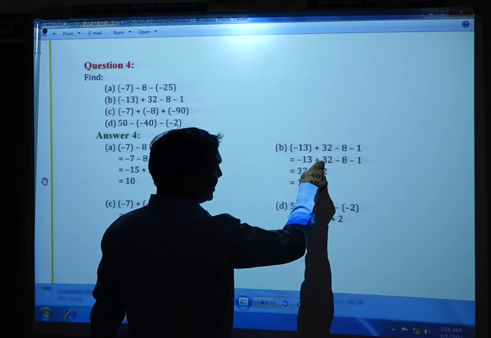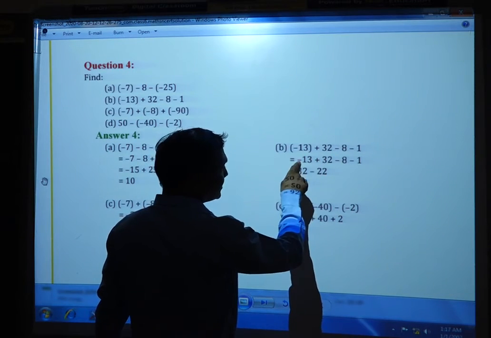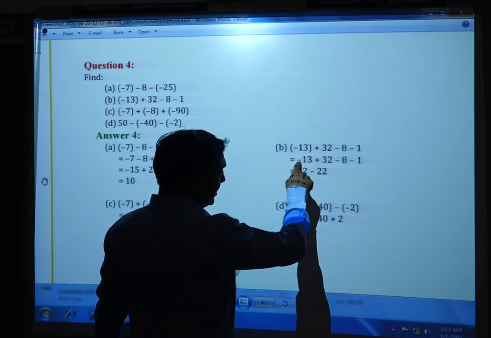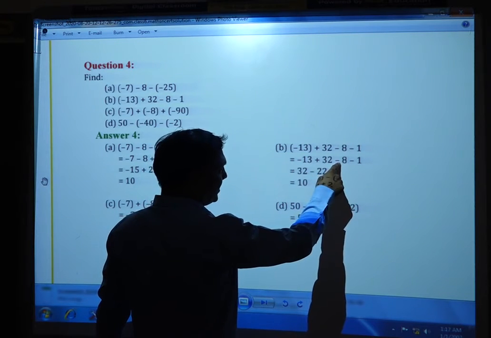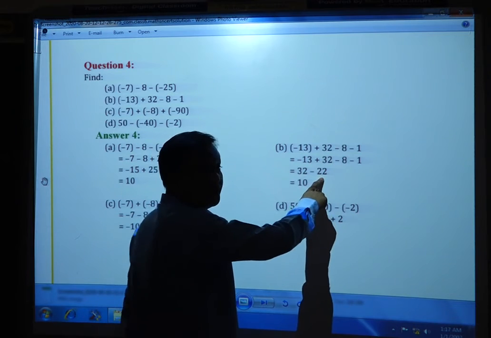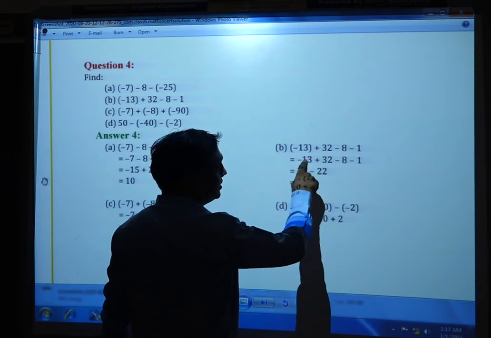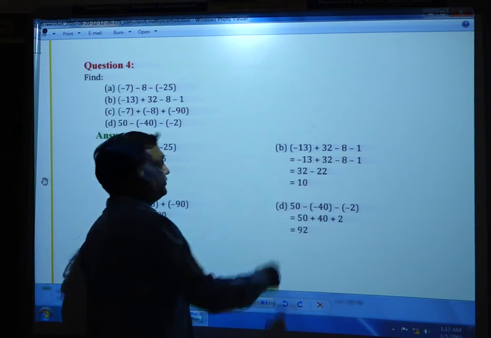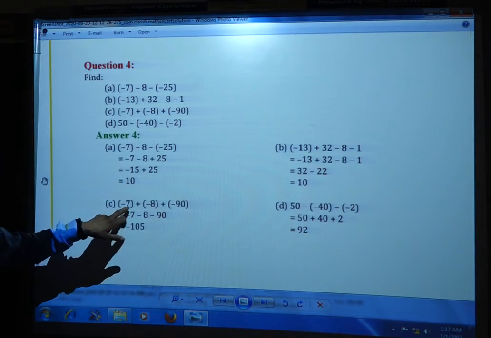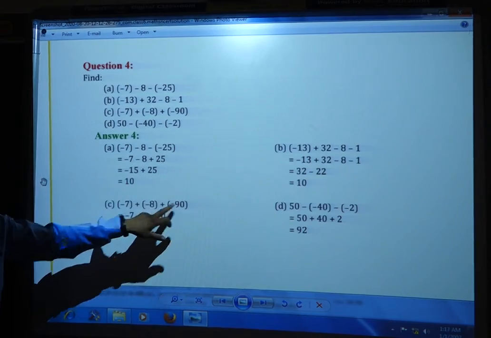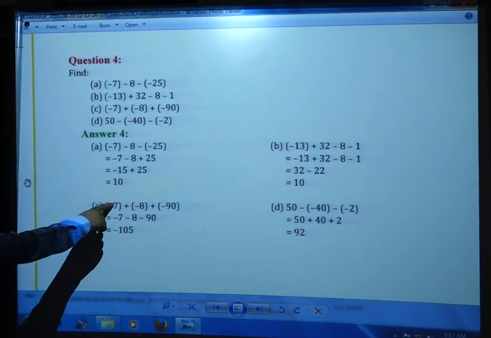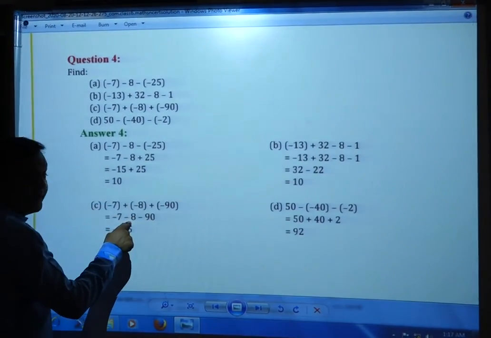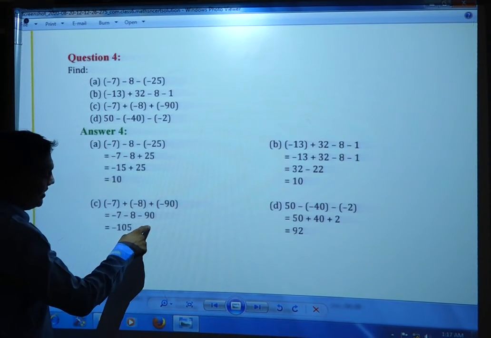So this plus 32 as it is, minus 13 and minus 8 and minus 1 became a minus 22. These all are added. So minus 22 plus 32 is 10. Next question. Minus 7 minus 8 minus 19, in between plus sign. So minus 7 became minus 7, minus 8 becomes minus 8, minus 19 becomes minus 19.